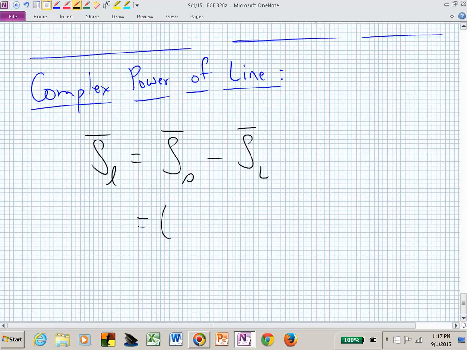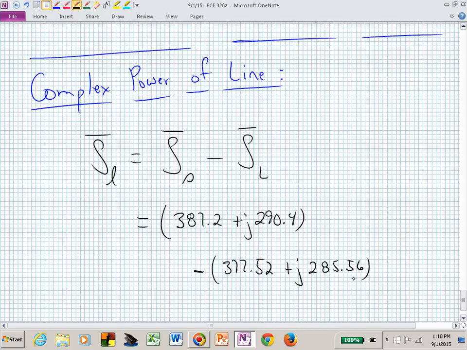And then we don't have to do all this multiplication. We can just do some subtraction with complex numbers. We have supplied 387.2 plus j290.4. We're using most of that in the load, which is 377.52 plus j285.56.